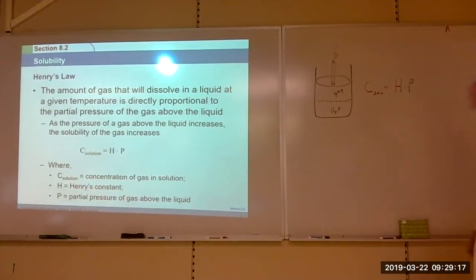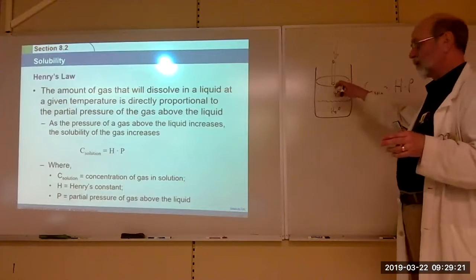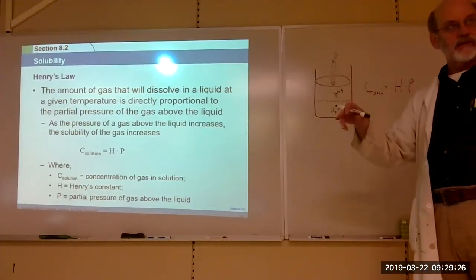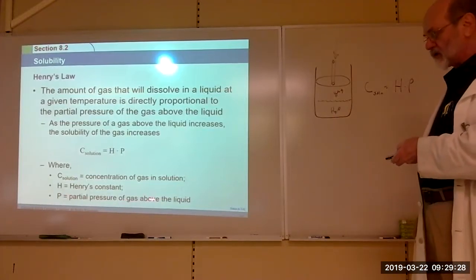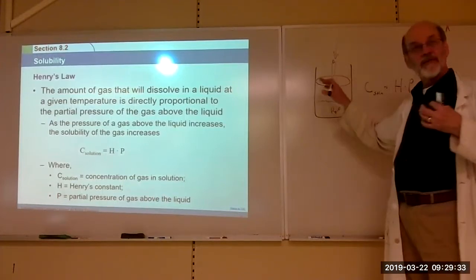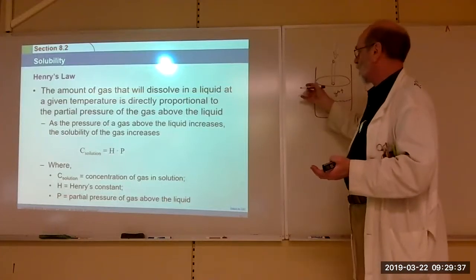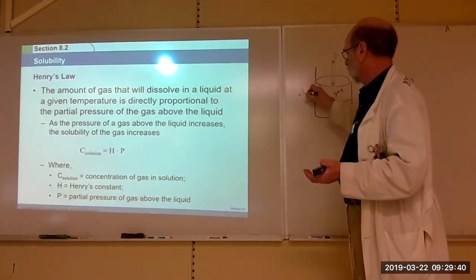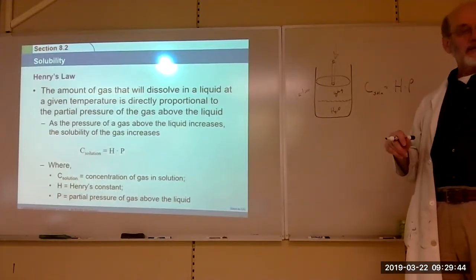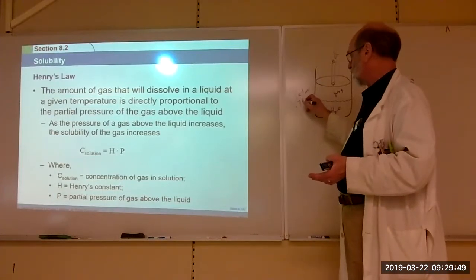And remember Dalton's law of partial pressures. If you have a mixture of gases in here, you can calculate the solubility of each one of the gases as long as you know its partial pressure. So if we have air in here, and let's say we're starting at 1 atmosphere pressure, then nitrogen is 79%, so its partial pressure is going to be 0.79 atmospheres.